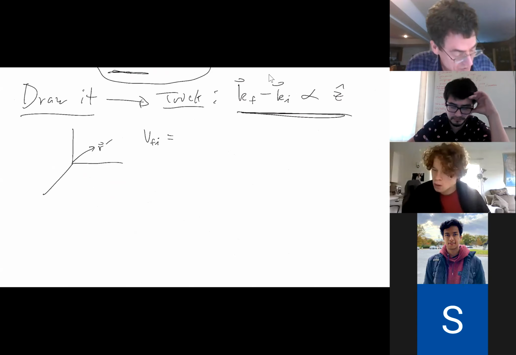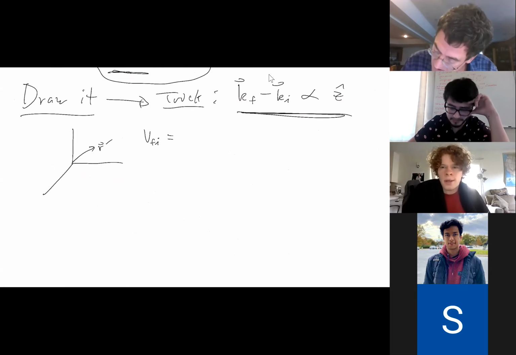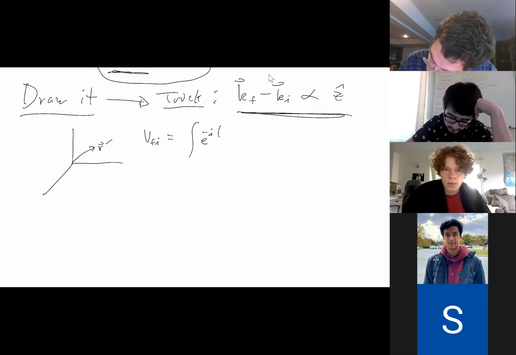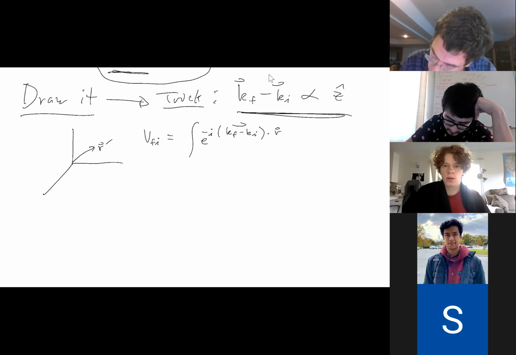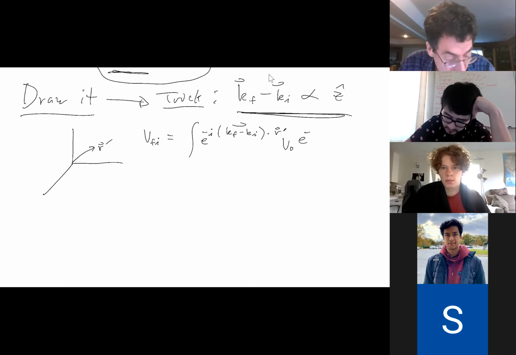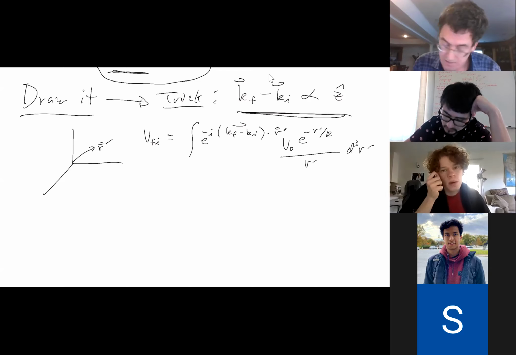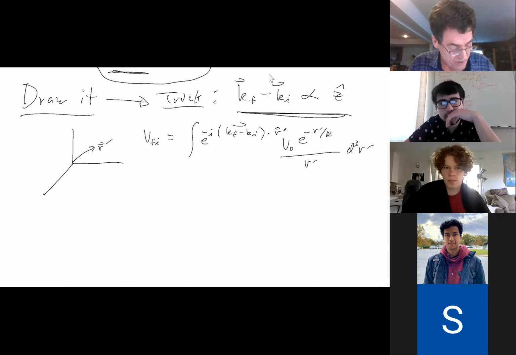V_fi is equal to, I'll draw both things, e to the minus i, kf minus ki dot r, and I'll call this the primed coordinate, times V naught e to the negative r prime over big R, over r prime, times d cubed r prime. So we're integrating over the prime coordinate.